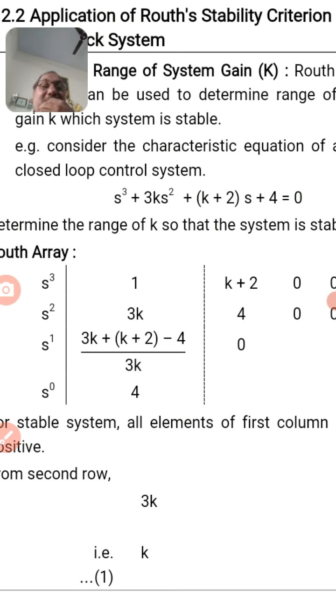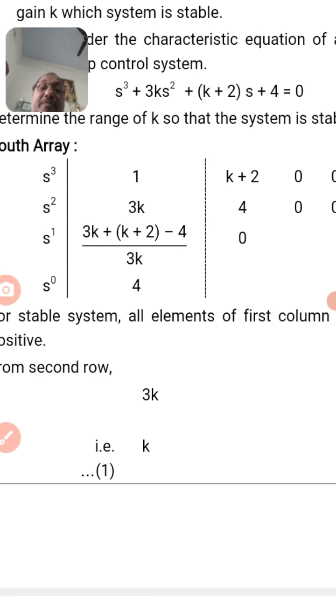Now there are two conditions. For the system to be stable, 3k should be positive, and another, the lower one, that is 3k into (k plus 2) minus 4 divided by 3k, should be positive.